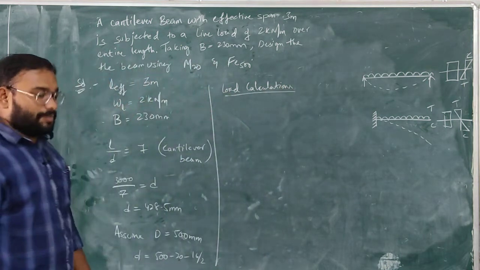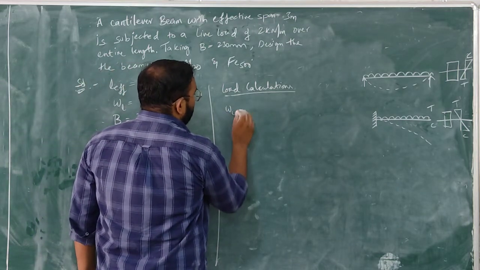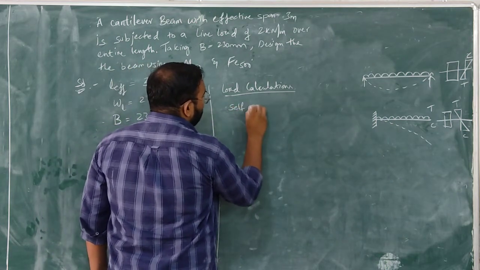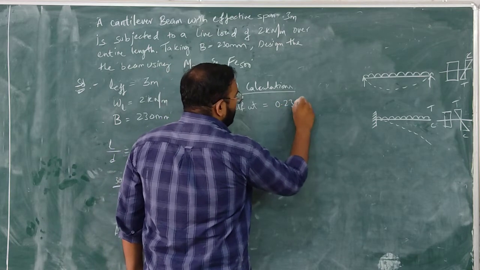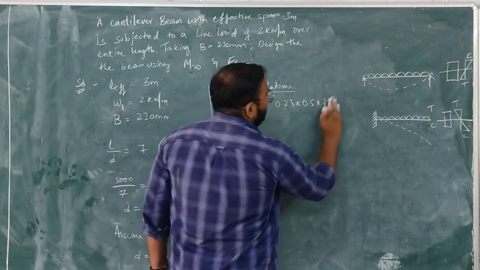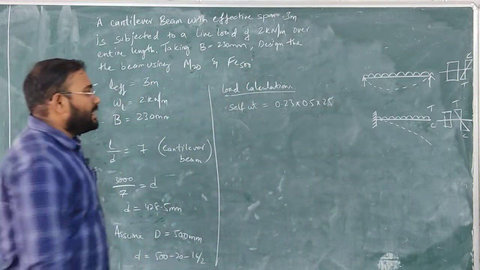Load calculations. First is self weight. Self weight is equal to 0.23 multiplied by 0.5 multiplied by 25, that is B D into gamma C, the unit weight. Same values here.